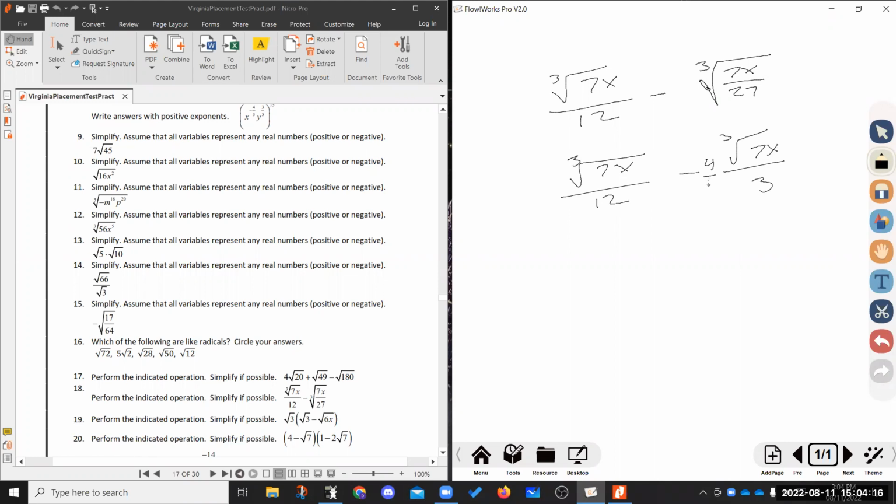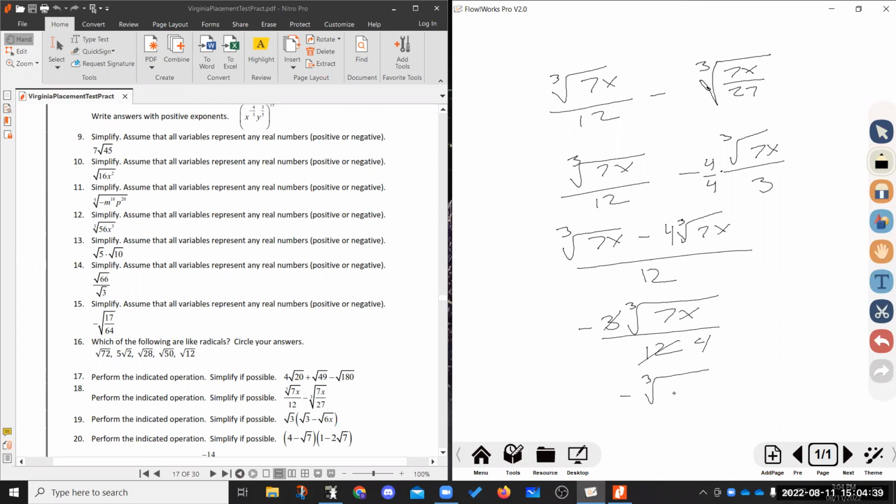So we're going to have to multiply by 4 over 4 to make a common denominator. This is the cube root of 7x minus 4 cube roots of 7x over 12, and give me negative 3 cube roots of 7x over 12, and 3 goes into 12 4 times, which is negative cube root of 7x over 4.